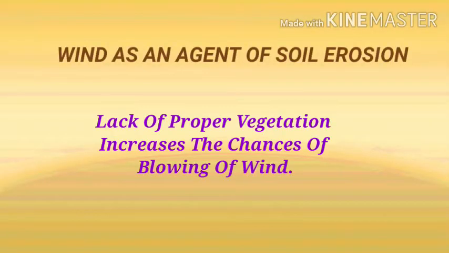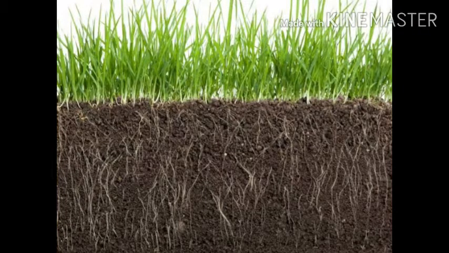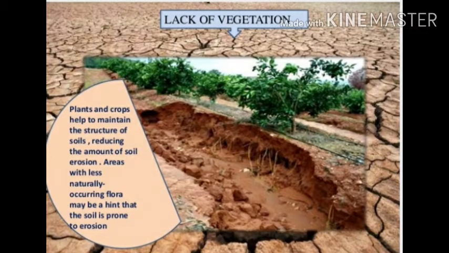Let us primarily focus upon wind as one of the agents of soil erosion. Children, the wind blows away from the places where there is no vegetation. Also, the roots of the plants have the capacity to hold the soil in place. So, the plants and crops help to maintain the structure of the soil, thereby reducing the chances of soil erosion.